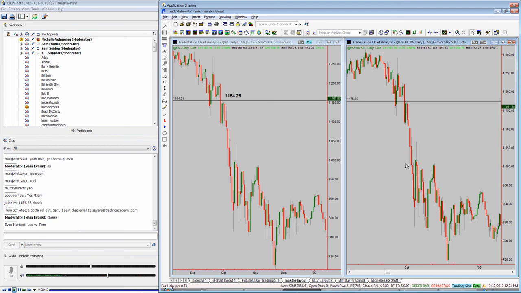So the reason that we use the 107 contract is so that we don't have to keep going back and comparing: is this really the high of 1154, or was that high really 1175.35? In reality, the high was not 1154.25 on September 30th, '08.